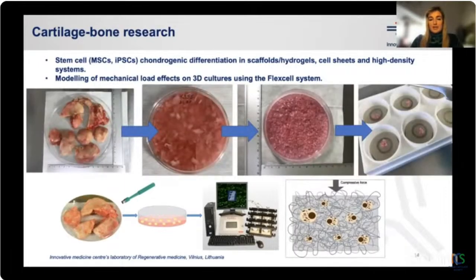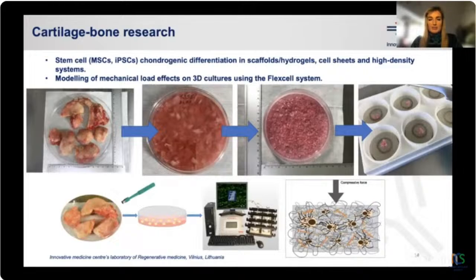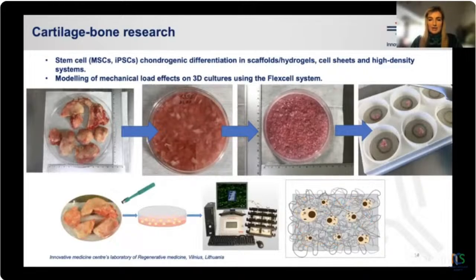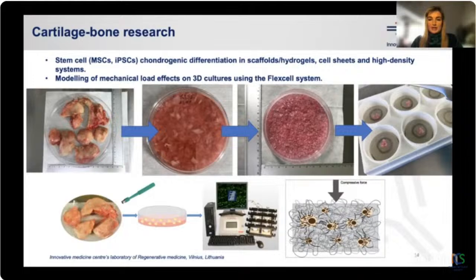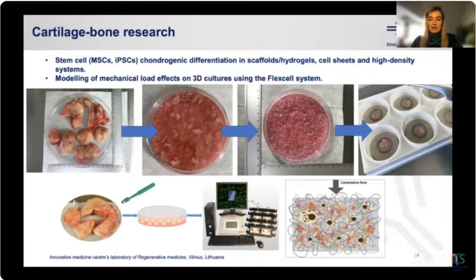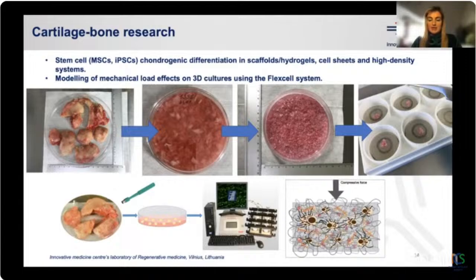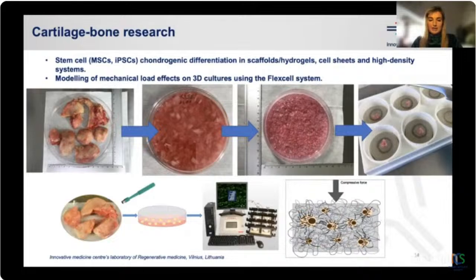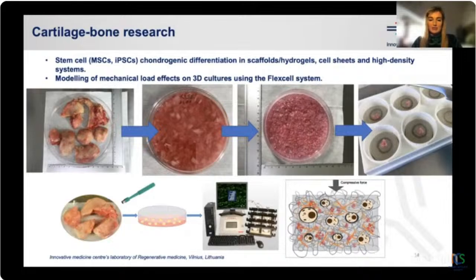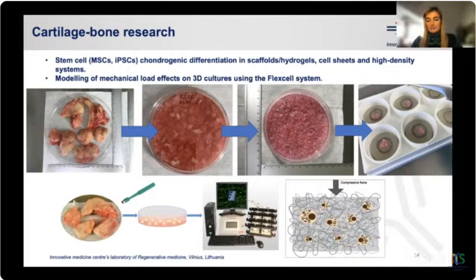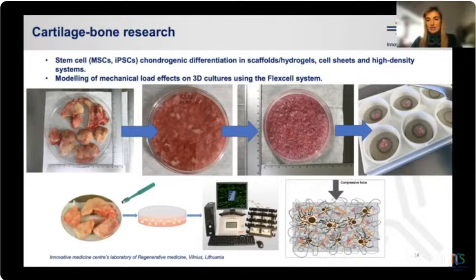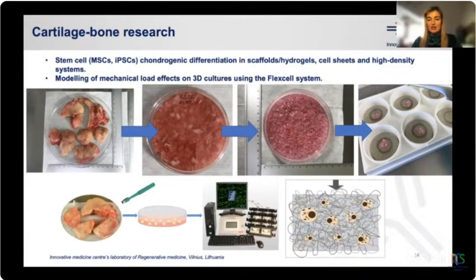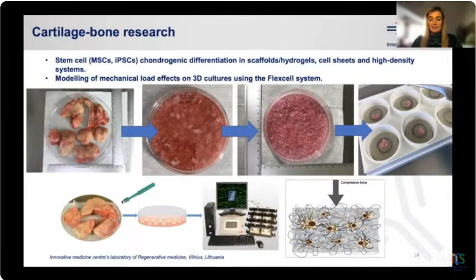Additionally, we're also working with minced cartilage inside the lab. We are doing different approaches like, for example, cartilage model testing for different drugs or different molecules that are being developed. We also apply the minced cartilage to our Flexcell system, which is the mechanical load compressor, and we then evaluate how the tissue changes due to different external or internal stimuli.